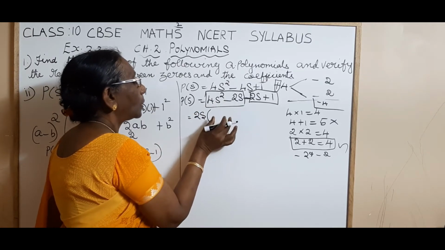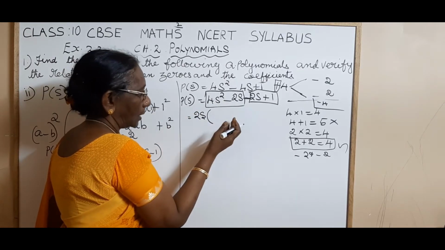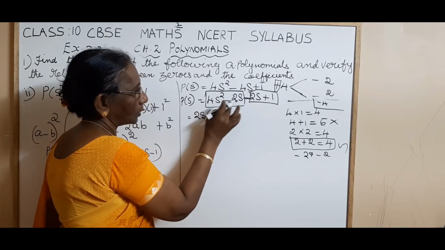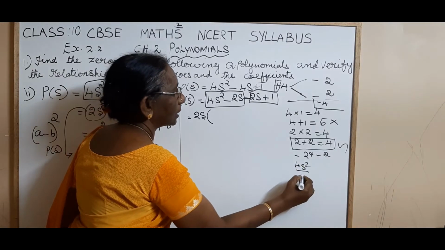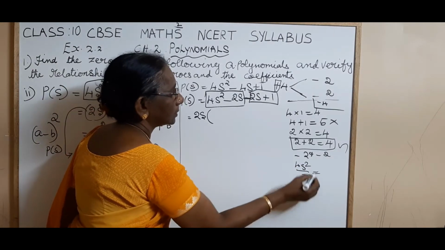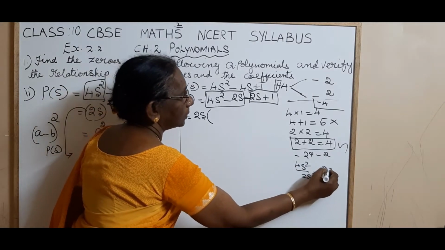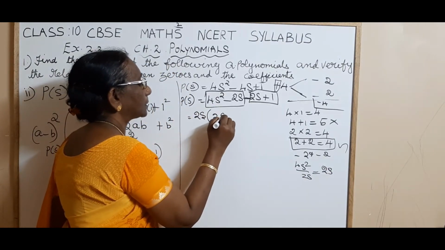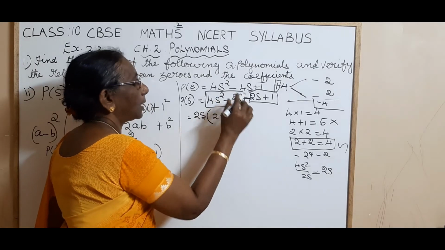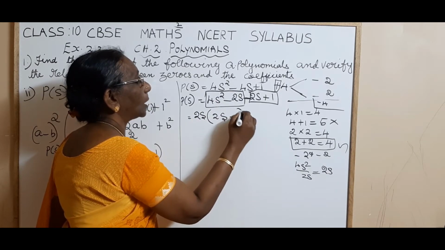So now what is the factor inside? You divide 4s squared by 2s. 2s will be left. 2 goes 2 times, and s. Then minus; when you divide 2s by 2s, you will get 1.